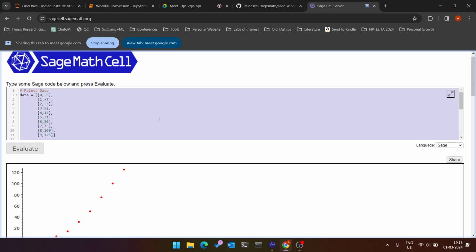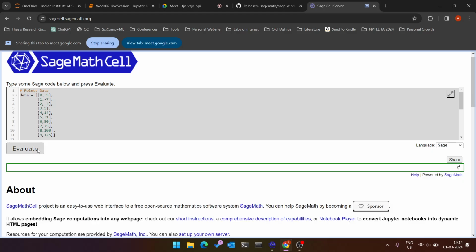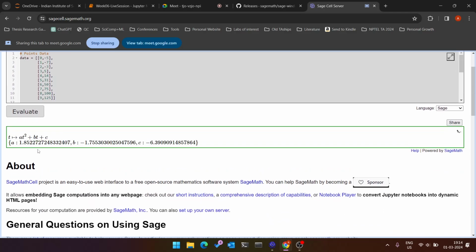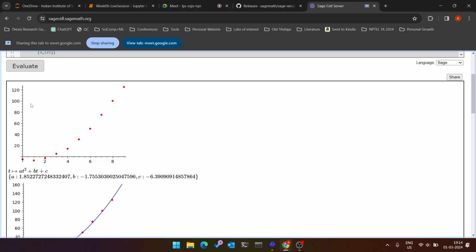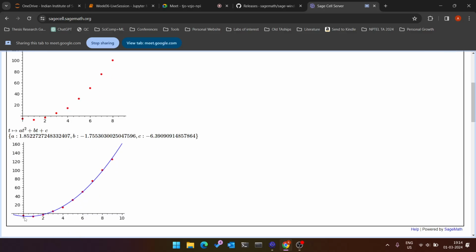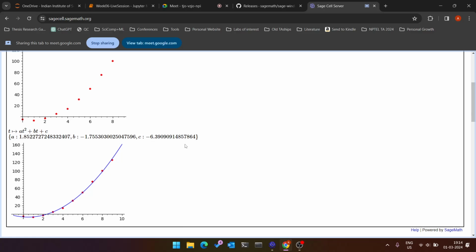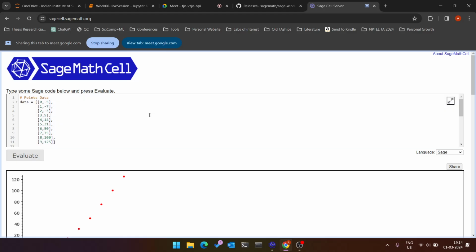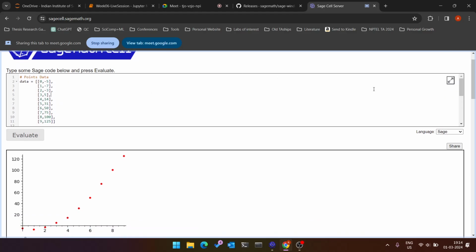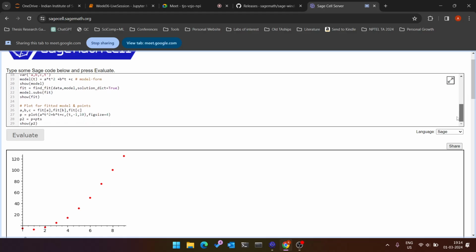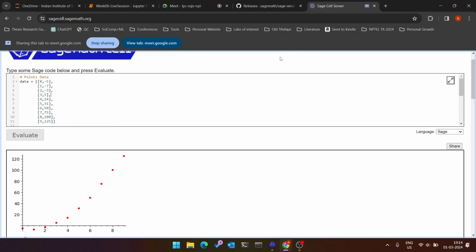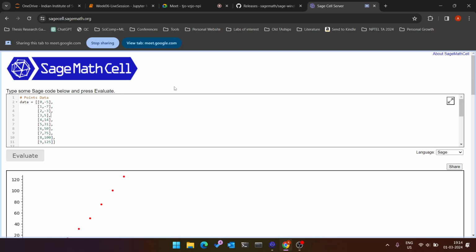If I run evaluate, language has to be set to Sage, this is what I see: my first graph of points, my function, my fitted parameters, and my fitted function with data points. This could be a workaround if you are unable to install, say, a higher version of Sage, such as 10.1 or 10.2.